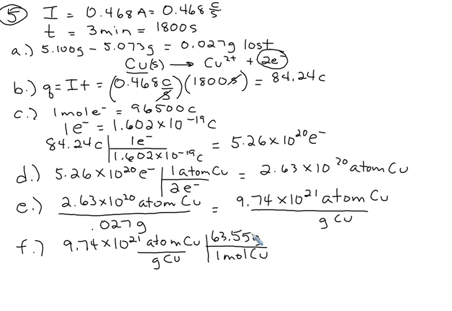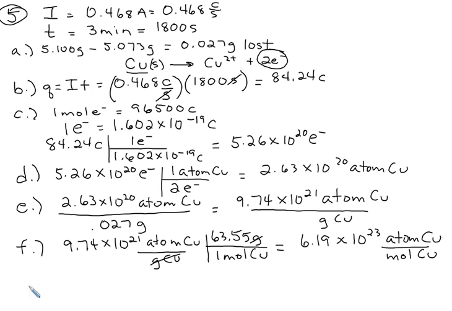Where did I get that number? Well, it's the molar mass on the periodic table. So you finish doing the math, notice that grams cancel out, and we're left with atoms per mole, which is what Avogadro's number is. So we get 6.19 times 10 to the 23 atoms of copper per mole of copper.